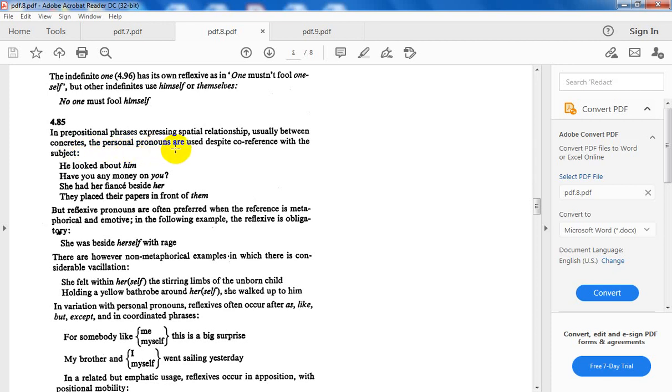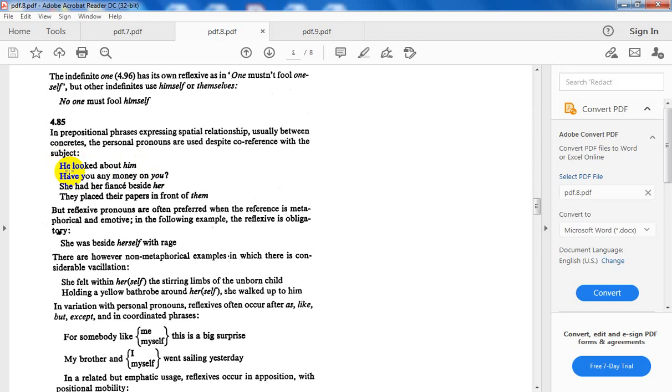The personal pronouns are used despite co-reference with the subject. You see, the personal يعني مو بالreflexive, the personal. He looked about him. Him, by the way, referring back to he.